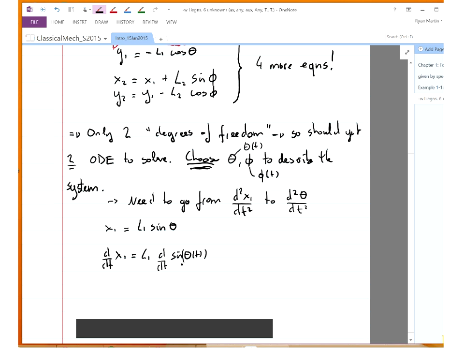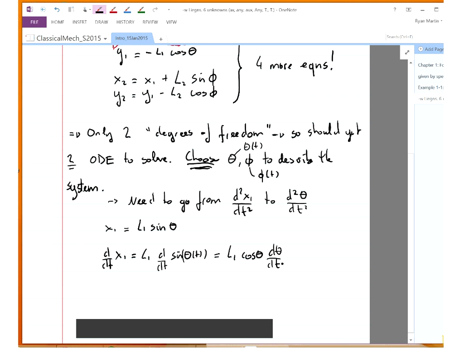And so we're taking the derivative with respect to time of a function of the variable of time. Right, so it's the chain rule. So this course is all about the chain rule. So let's apply the chain rule. So we have L1, the derivative of sine is cos. So it's L1 cos theta, and then the derivative of the inside of sine is d theta by dt.